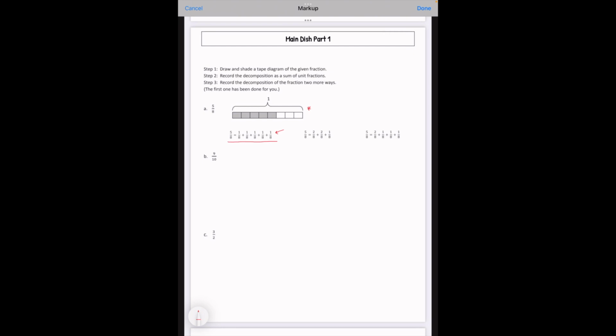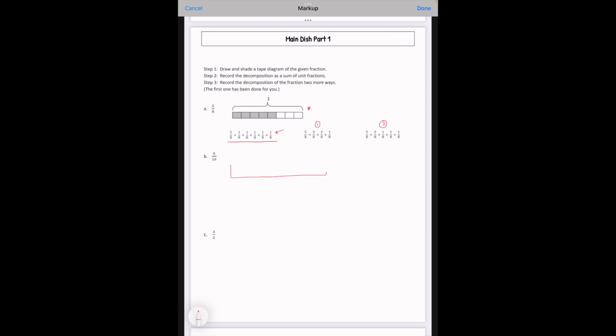And then step 3 is to record the decomposition of the fraction in 2 more ways. So here's one way that they came up with and a second way that they came up with. Again, just a different way of decomposing 5/8, but no matter what, the number sentence should be able to equal 5/8.